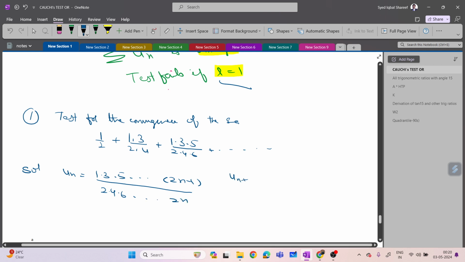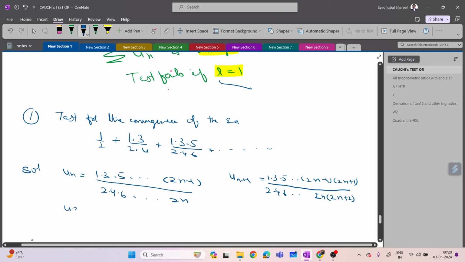Now un plus 1 will be 1.3.5 and so on up to 2n minus 1 into 2n plus 1, over 2.4.6 up to 2n, then 2n plus 2 will be this.